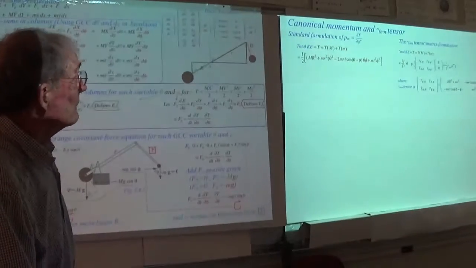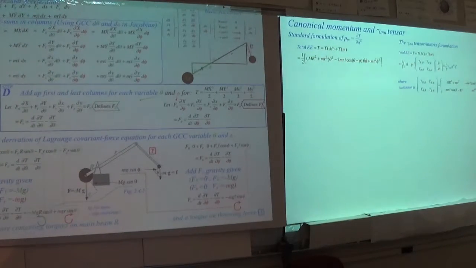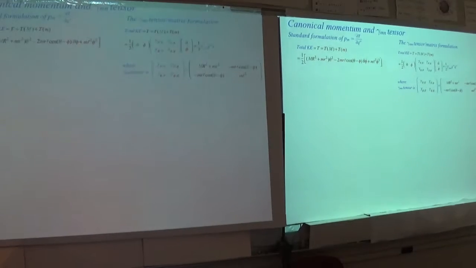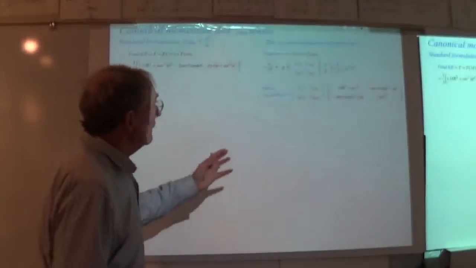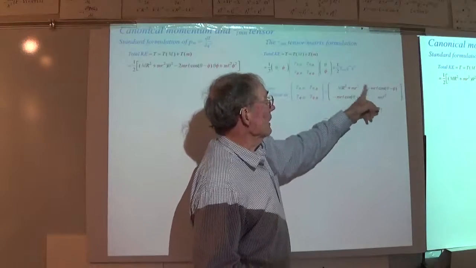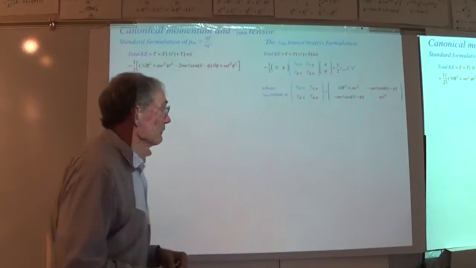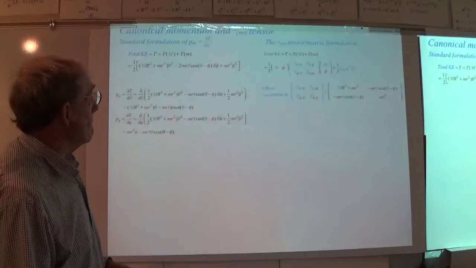Okay, now let's look at the canonical momentum and the functionality of the metric tensor. We've written the kinetic energy this way, and this is its actual expression.